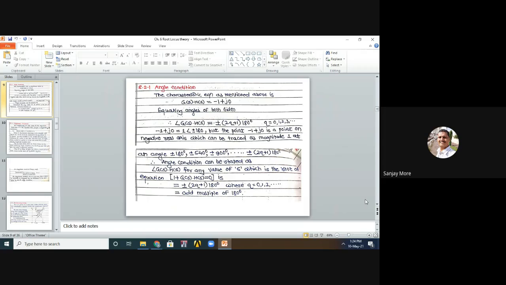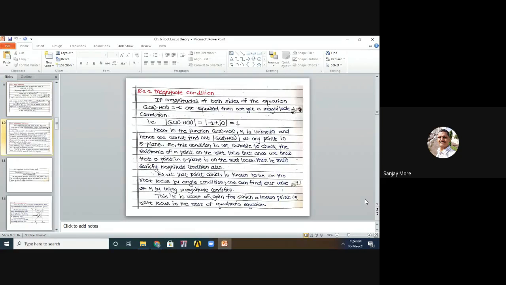The point minus 1 plus j0 is a point on the negative real axis, which has a magnitude of 1, and an angle of plus or minus 180. So this is the angle condition.